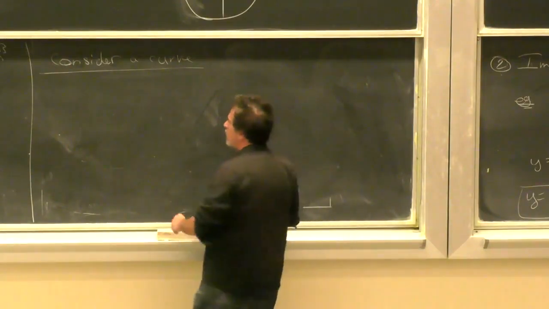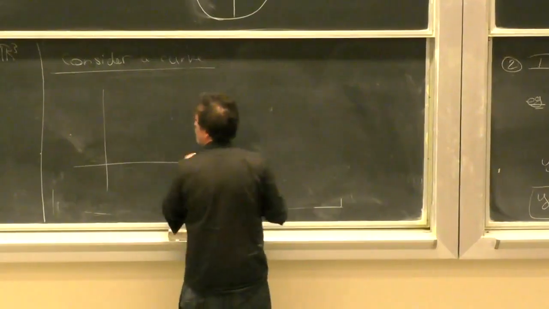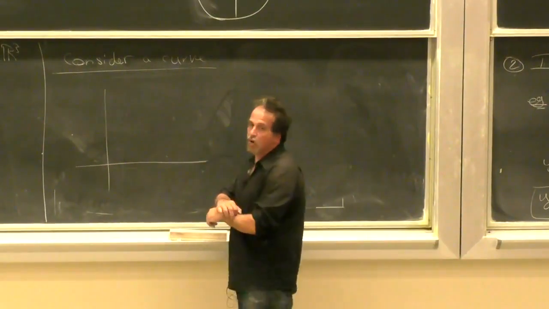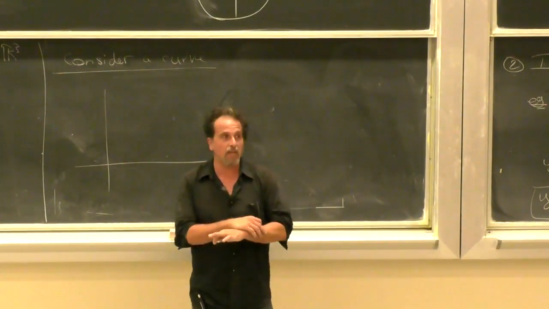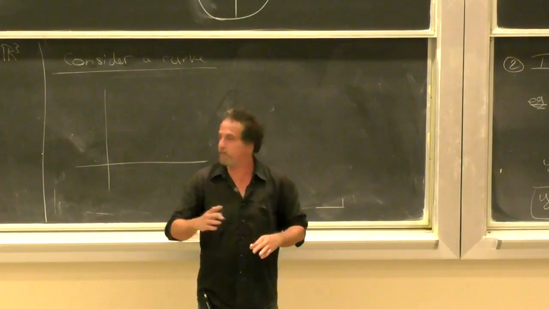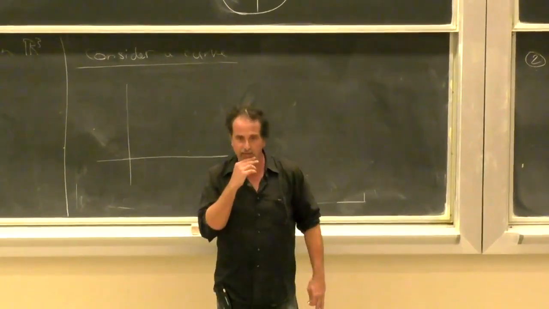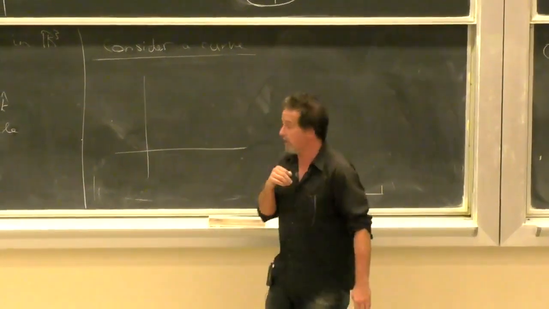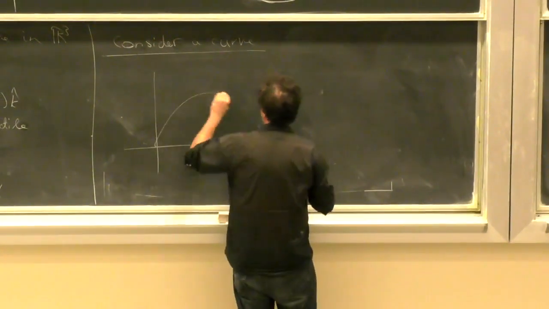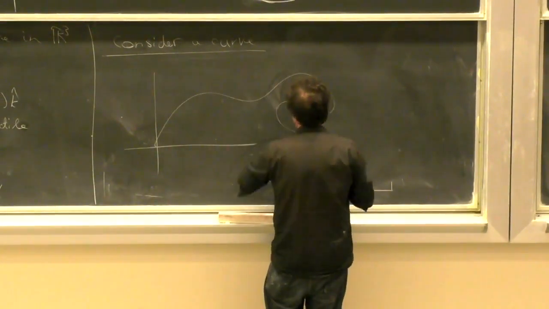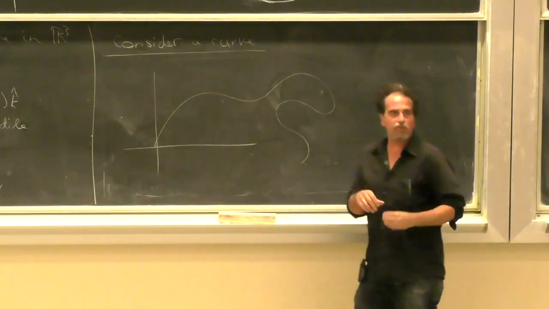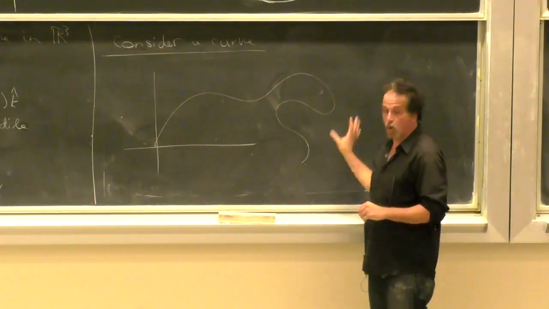Consider a curve. Now, I'm going to be very general. I'm going to draw this curve in 2D, but everything I say applies to 3D. It's only in 2D because when I start drawing third axes, it starts to get kind of nasty. So here's a curve. And by the way, there is no need for this curve to be an open curve.